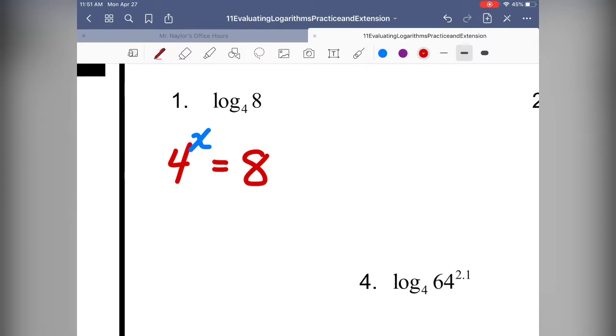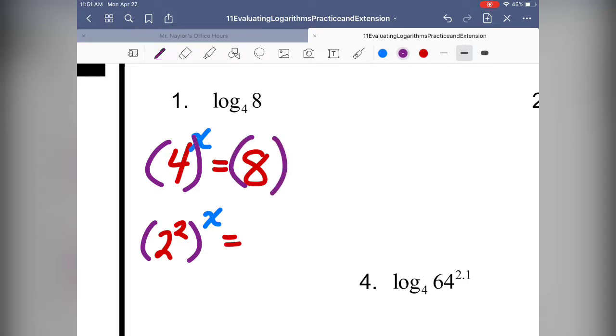Well, that's going to require some matching bases. That's going to require recognizing that the number 4 can be written as a base 2. And when we write it as a base 2, we're going to write it as 2 squared. Now, why did I write it as a base 2? Well, quite frankly, because the number 8 can be written as a base 2. And when we do that carefully, we'll write it as 2 to the third.